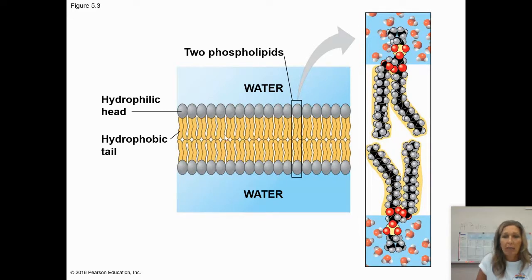So even if I came in and mixed up the plasma membrane a little bit and disrupted it, it's naturally going to turn tails in order to hide from the water. The head region, remember, is the glycerol with that phosphate group, and that charge makes it hydrophilic, liking water. So I end up having this lipid bilayer that forms all membranes, all plasma membranes, all membranes in organelles, in subcellular components, etc.